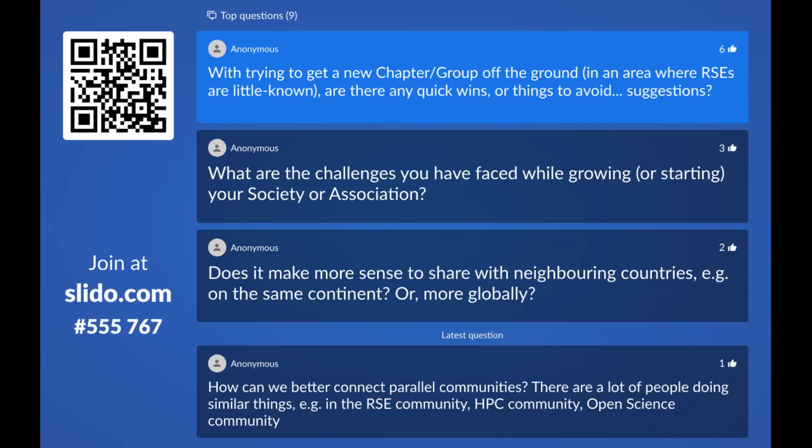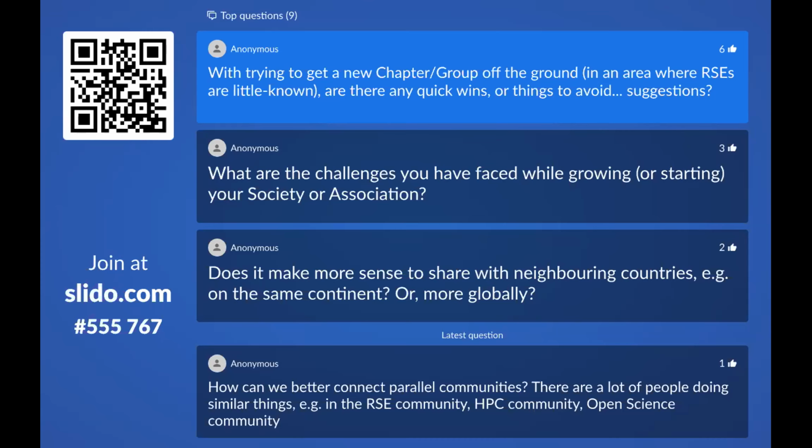I mainly wanted to answer the question about organizing an RSE group as opposed to an RSE chapter, where in my experience at least, it's very helpful to have some kind of secure funding, a seed funding to start from. So try to get institutional buy-in from the beginning.